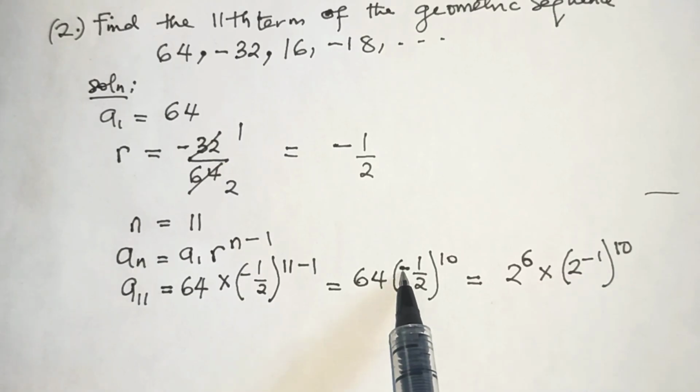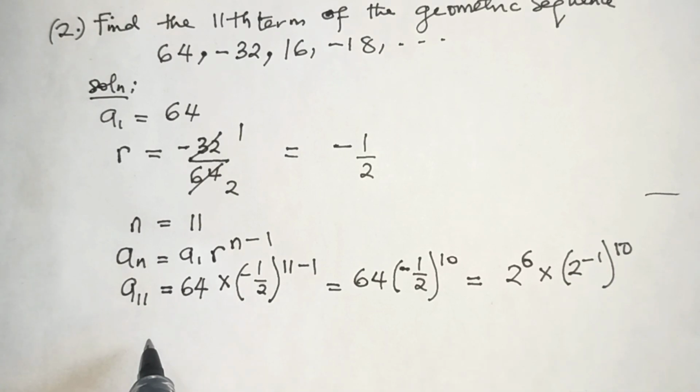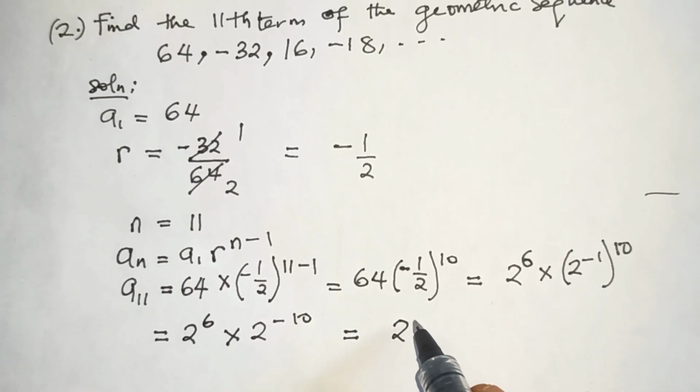Then the minus sign here will be taken care of by the exponent 10. So this will be equal to 2 raised to power 6 multiplied by 2 raised to power minus 10. And this is equal to 2 raised to power 6 minus 10.